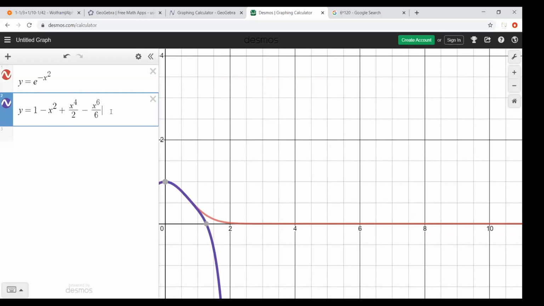Well, this would be plus x to the 8th, and then you'd be dividing by the next guy, 4 factorial, which is 24. That's not very good. And then the next guy is x to the 10th, and then you'd be dividing by 5 factorial.